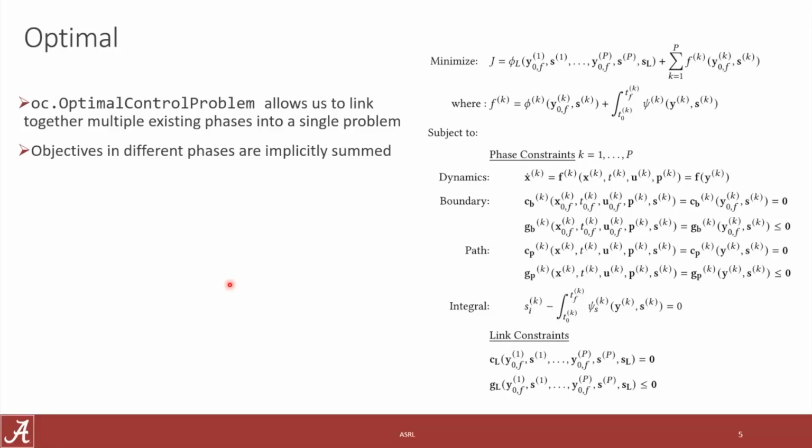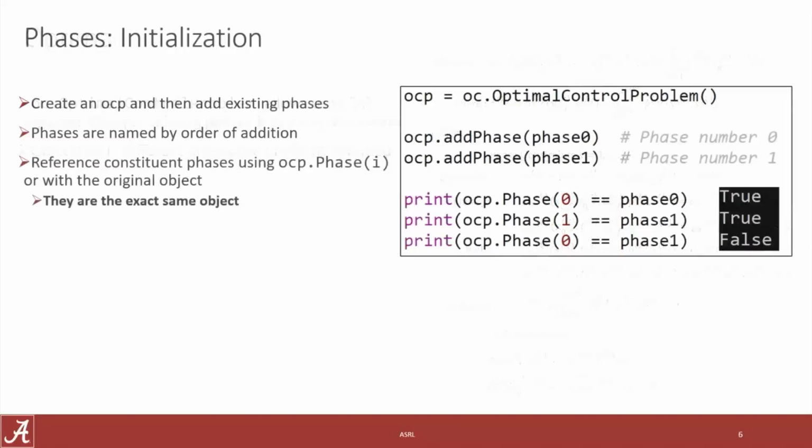Of course, you're also still solving all of the constraints, minimizing the sum of objectives of your phases, solving all of the constraints applied to each phase, and now you can append on constraints and or objectives to the phase linking components. So when you solve an optimal control problem, it's solving all of your phases in parallel and adding to the standard optimal control equation any link constraints that we've added where you're linking phases.